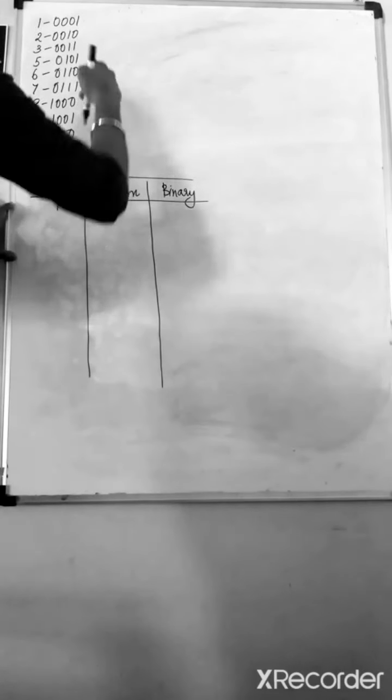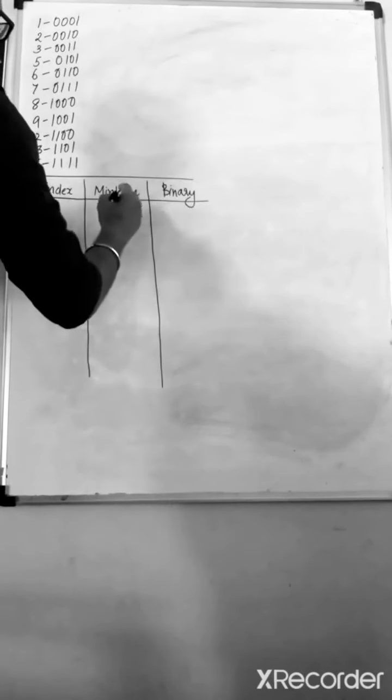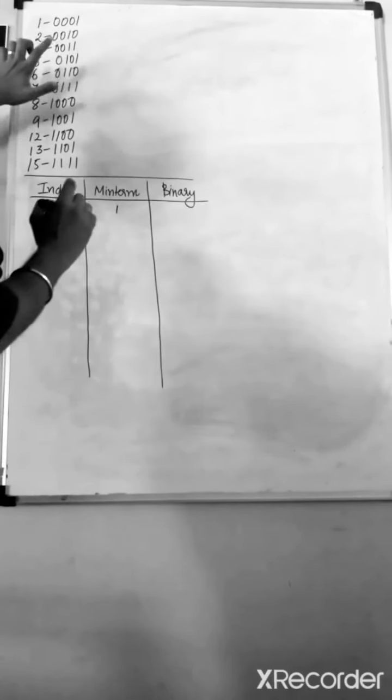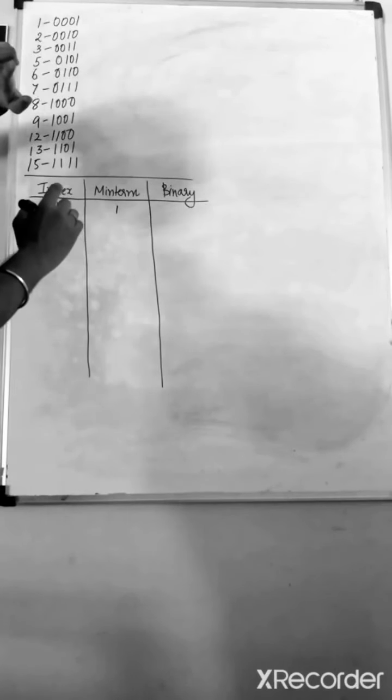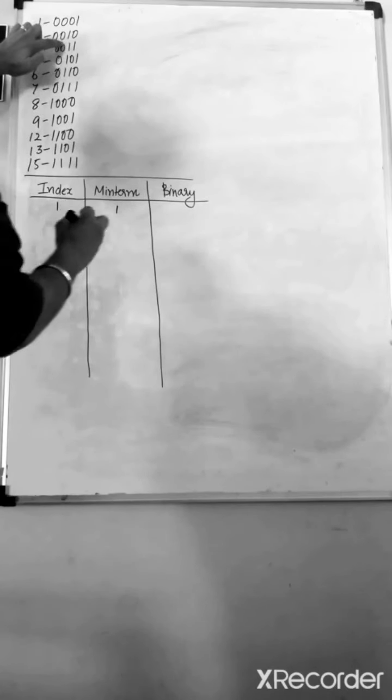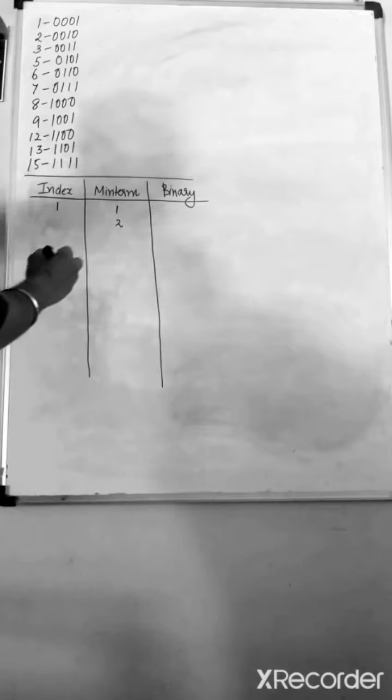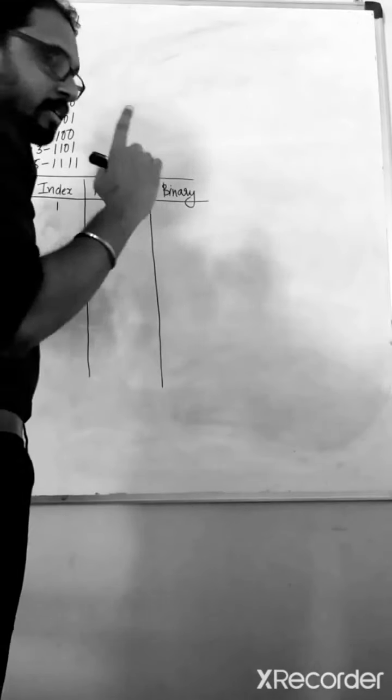Index starting from 1: in 1 we have 0 0 0 1, a single 1. In 2 also we have 0 0 1 0, so a single 1.